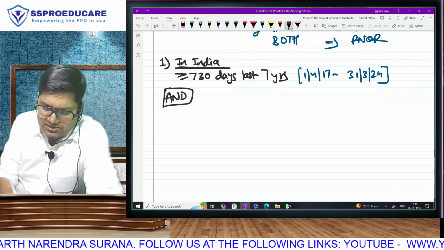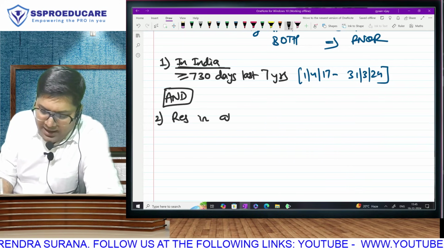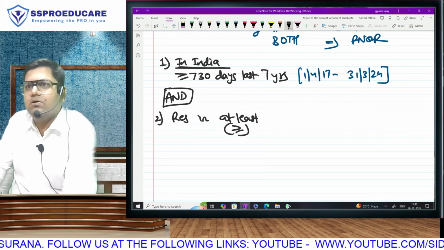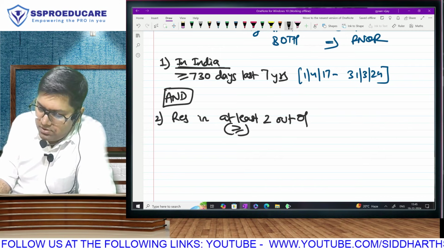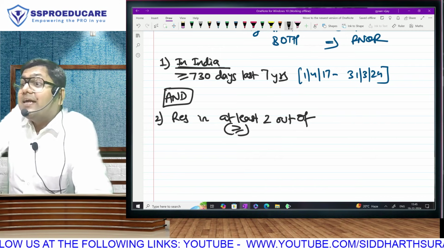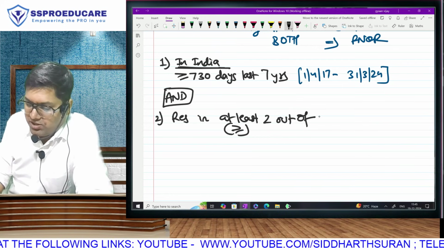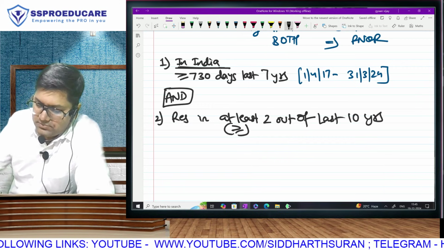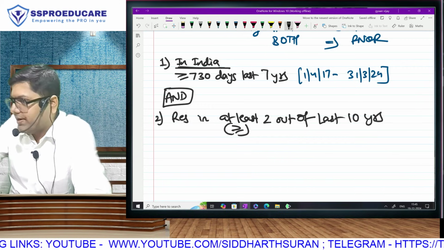And the second condition: you have to be a resident in at least, and once again, at least is nothing but greater than or equal to, at least 2 out of the 10 immediately preceding previous years. Last 10 years will not cover 24-25.